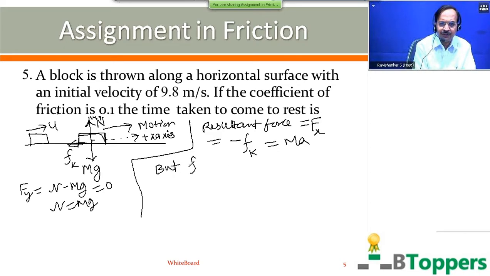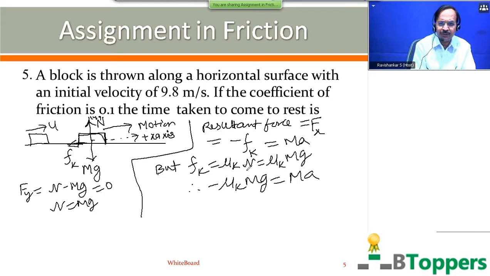The magnitude of kinetic friction is mu k into N, and N is equal to mg. So the magnitude of kinetic friction is mu k into mg. So if you write Fk equal to mu k into mg on the left side of this equation, you get the acceleration of the block during retarded motion equal to minus mu k into g.